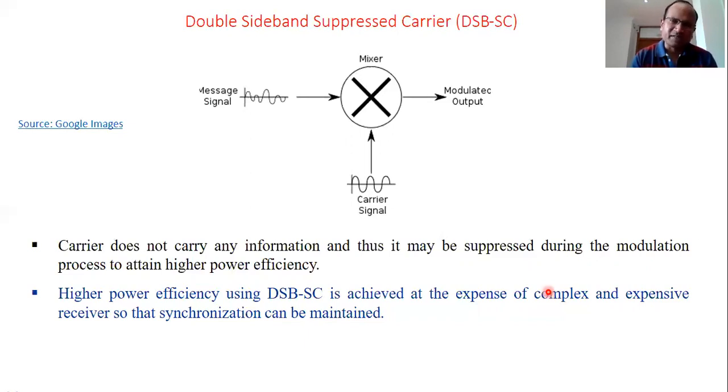There is an advantage of sending it. We have discussed that when we send the carrier signal with the two sidebands, at the receiver we are not required to generate the exact carrier frequency which was transmitted by the transmitter, because that poses a major challenge.